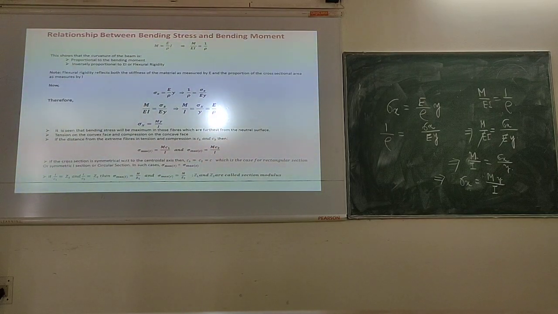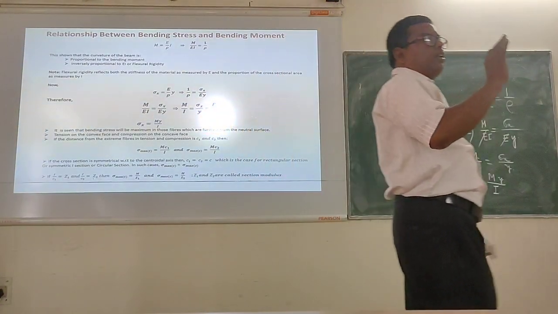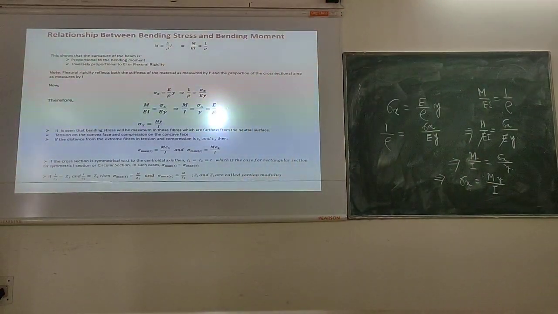Right? So you get an equation like M by I equal to sigma by y equal to E by rho. Correct? This kind of equation you will repeatedly get in your bending stress theory, and all these equations are important. Any time you may have to use any one of them for formulating or solving a problem.